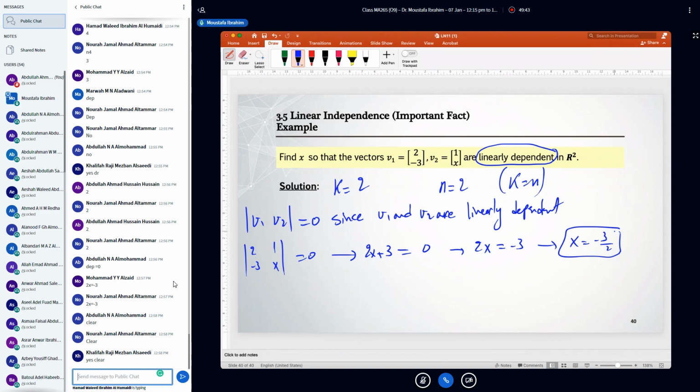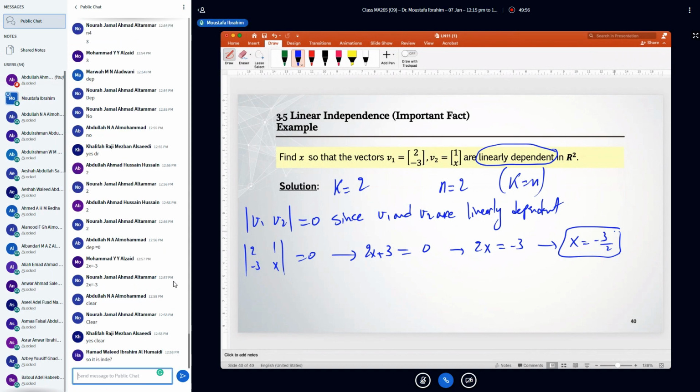So now we will go back to the previous exercises. We did them with REF. Let's see if we can also do them with the determinant and verify that everything is fine. Here it's dependent.